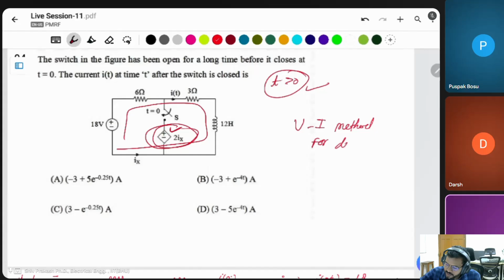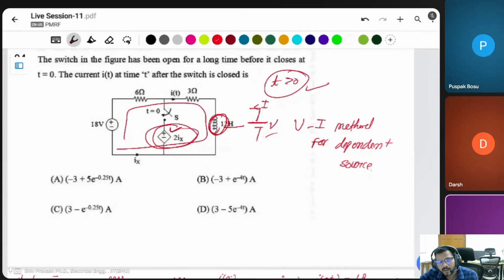For the dependent source, apply the VI method, and simply you can remove this inductor and apply a voltage and a current across it. Okay, because we have to find the R equivalent at this point from the inductor side.